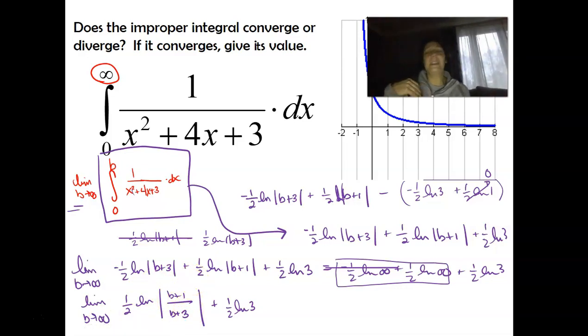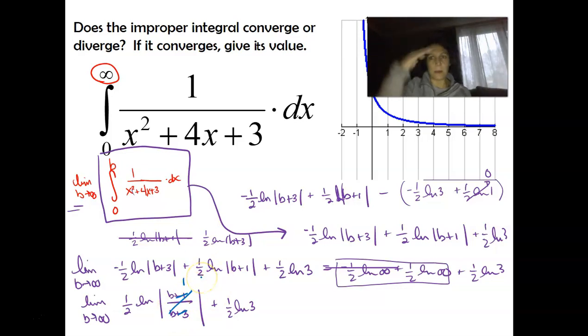Infinity plus 1, infinity plus 3, they're all the same. So as b approaches infinity, this plus 1 and this plus 3 we don't care about, and this ends up being b over b, which is 1. We learned that way back when we were doing limits.